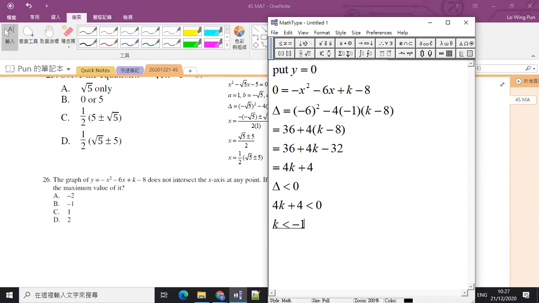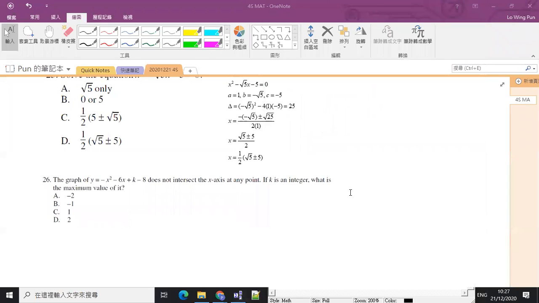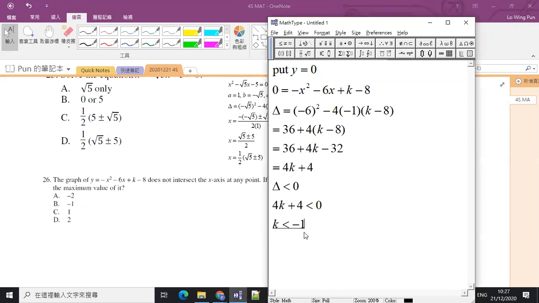Okay, but 嗱呢度係小心啲啊，我諗佢特登陰你哋嘅。佢話 k is an integer，係整數嚟嘅。What is the maximum value of k？k 要係細過-1嘅整數，當中有好多個，但係當中最大嗰個係邊一個咧？Okay, so which one less than -1, which means that it should be on the left-hand side of -1 on the number line.